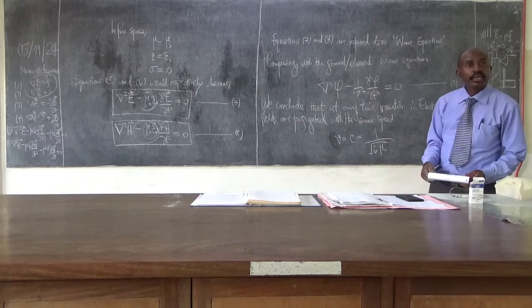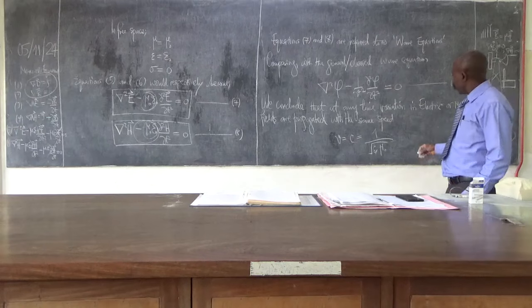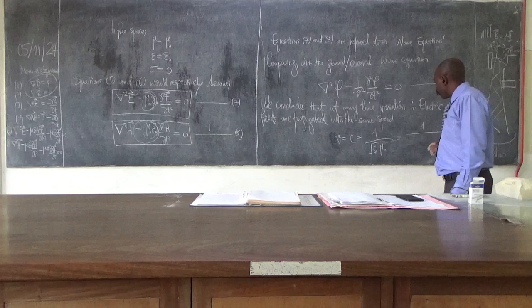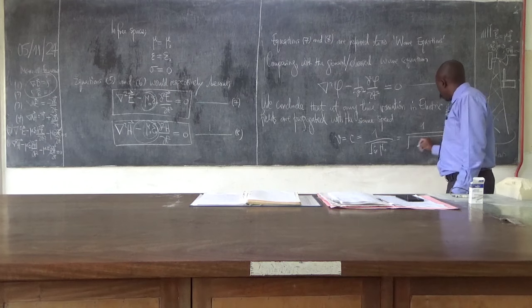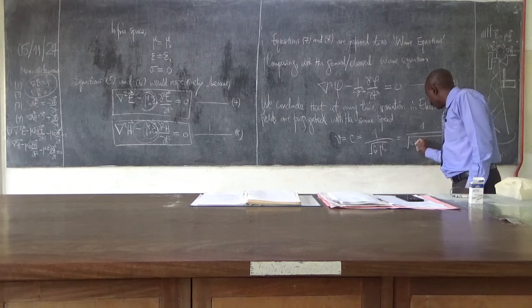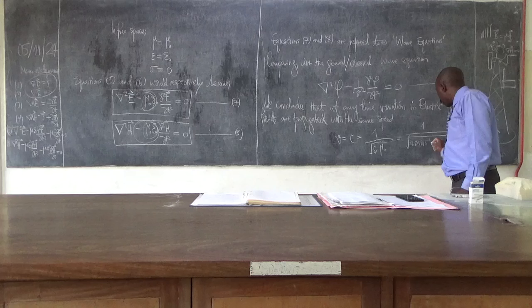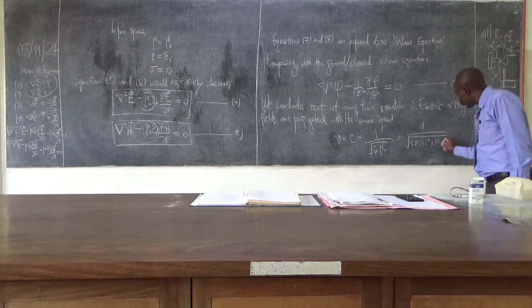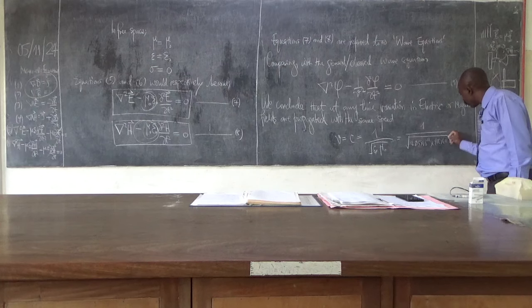Who has a calculator? This is equal to 1 over root of 8.85 times 10 to the power negative 12 times 4 pi times 10 to the power negative 7.